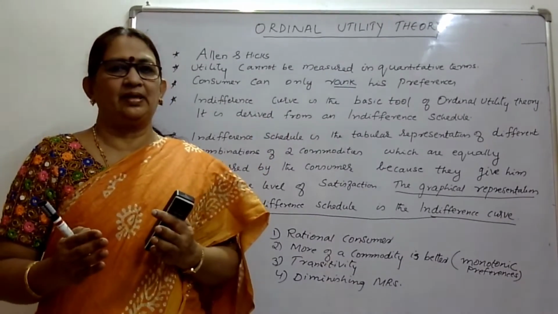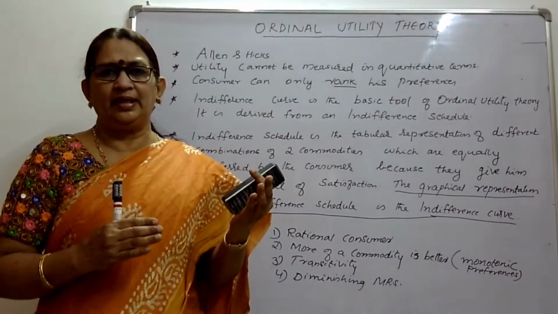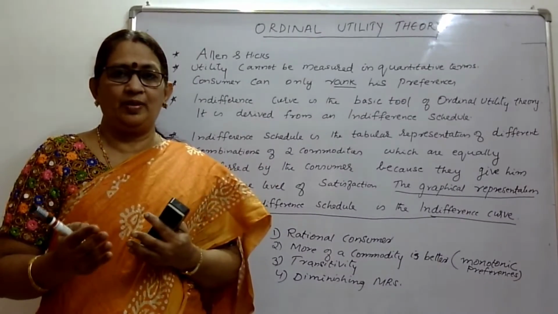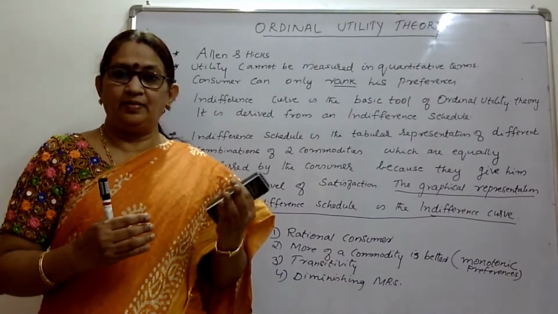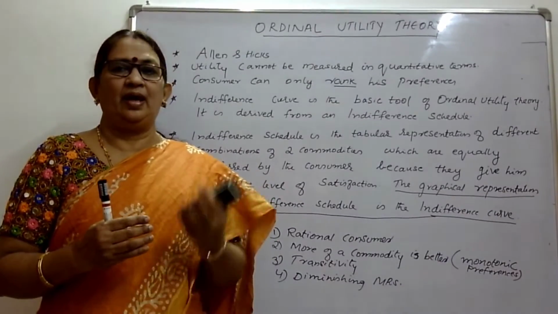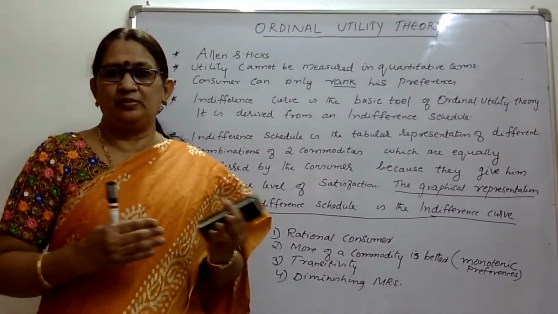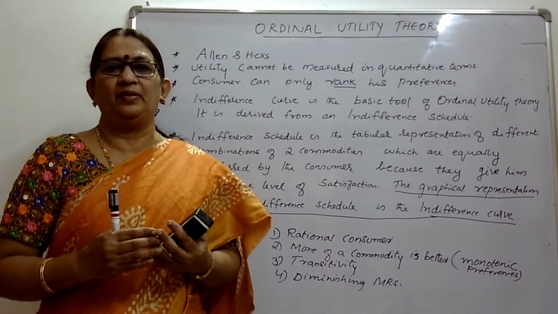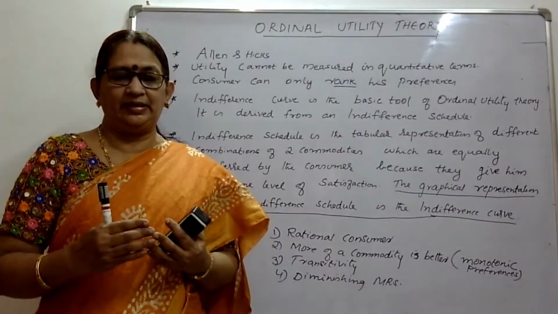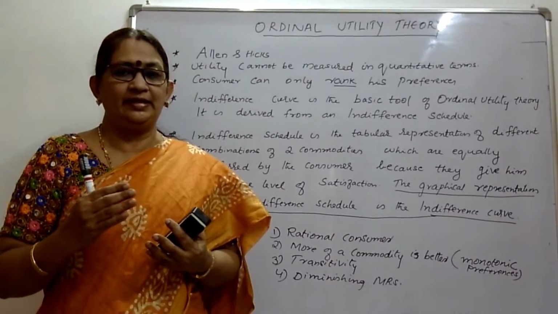If bundles are given, one bundle contains 1 unit of orange and 12 units of apple, another bundle contains 2 units of apple and 10 units of orange. He can choose between these 2 bundles, which one he prefers, but he cannot measure the utility. That is what ordinal utility says.